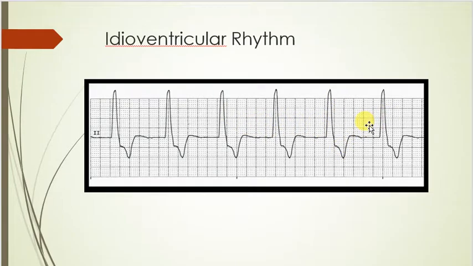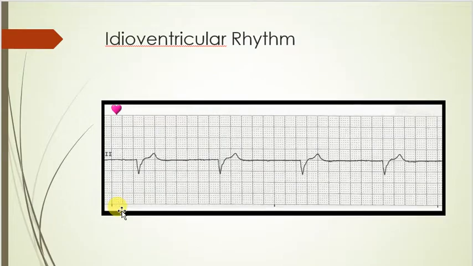But it's not a PVC, and if you count it out, it's too slow to be VTAC, if you want to argue with me that these are PVCs. This is what's called an idioventricular rhythm. It's too slow to be VTAC. It's a heart that's not working optimally. And they're not that hard to pick out when you look at it. You're usually looking at a wide QRS and it's slow.